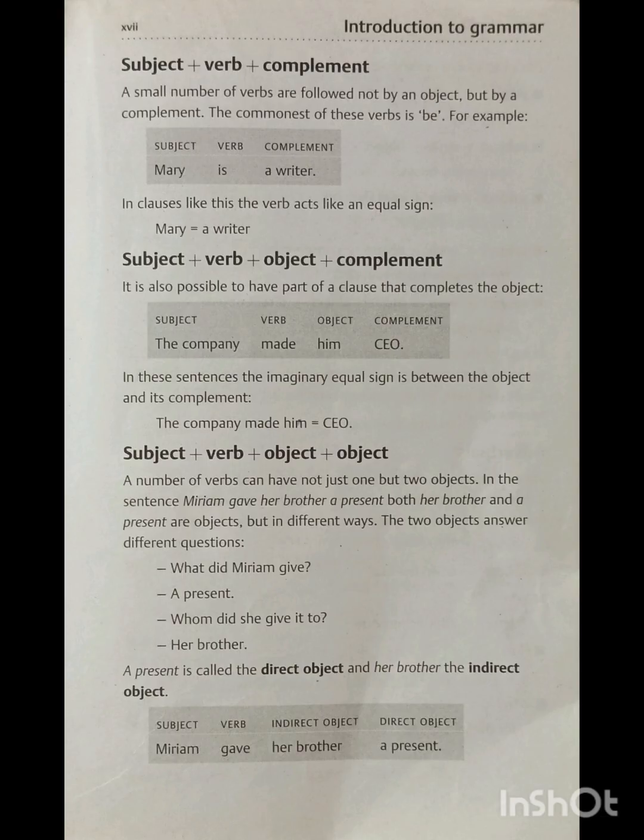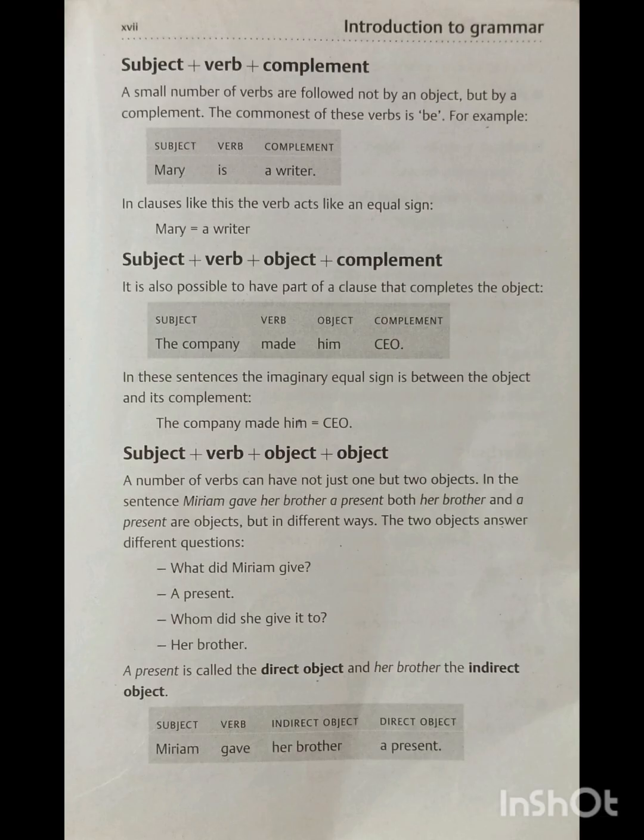So what did Mariam give? A present. Whom did she give it to? Her brother. So a present is called the direct object and her brother is called the indirect object.